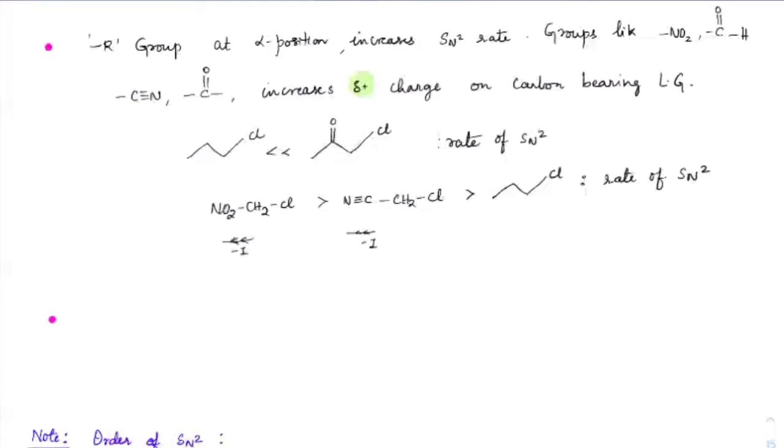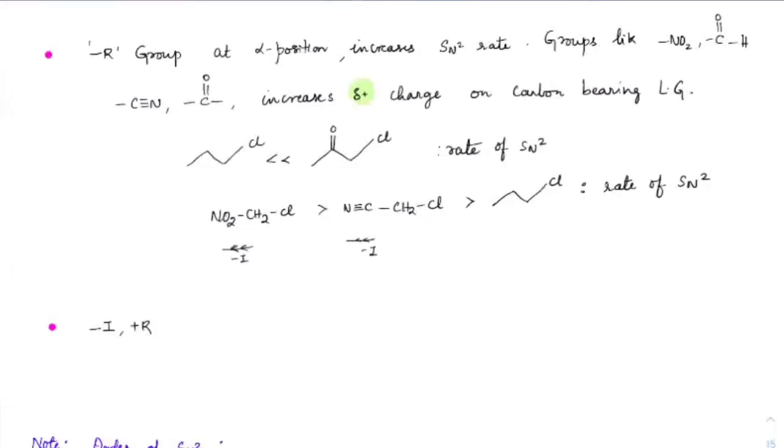Check this. Next, in case we have a -I with +R group, which means groups like OH or OR at the alpha position, they also increase the SN2 rate.